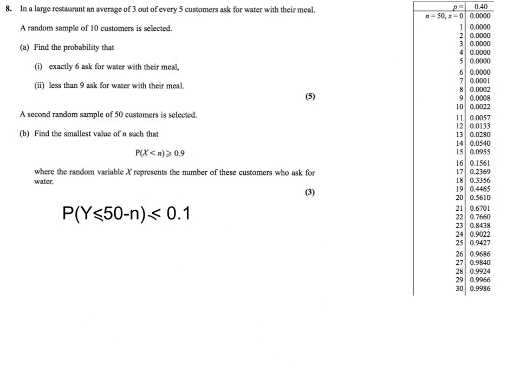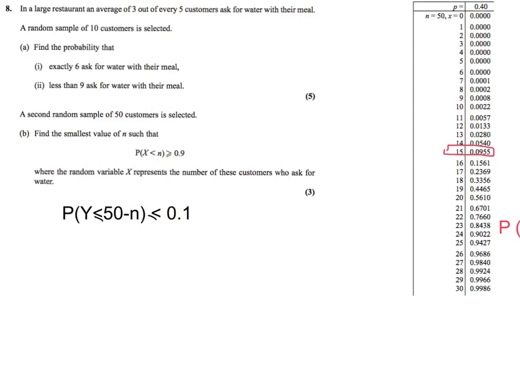So the number that I care about and the number that I'm going to be thinking about is 15, this one here. But what does that 15 actually mean? Well, don't forget what our tables are actually showing us. Our tables are showing us the probability of something being less than or equal to it. This is the biggest probability we can get where it's still less than 0.1.